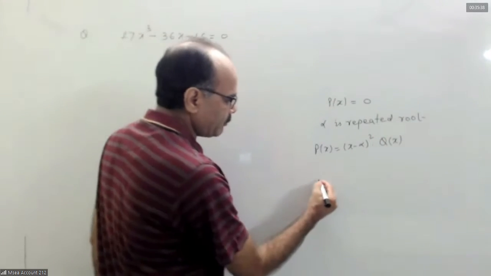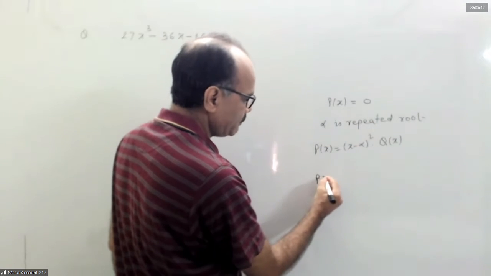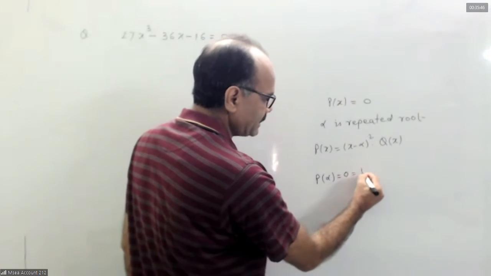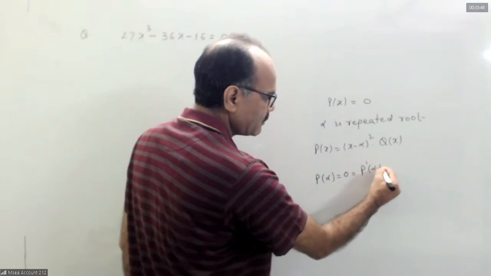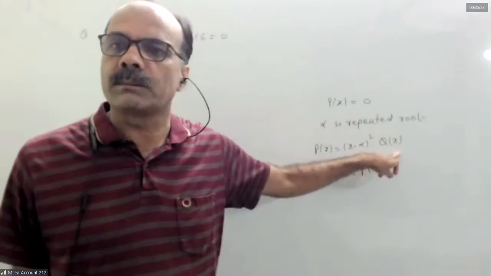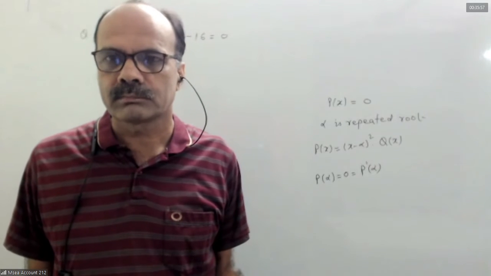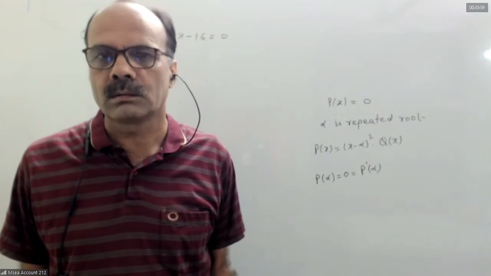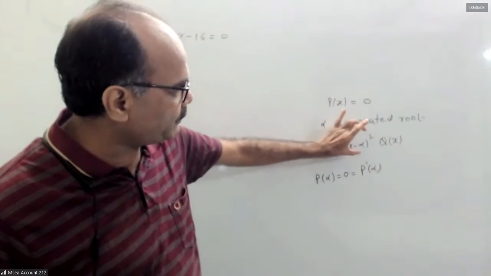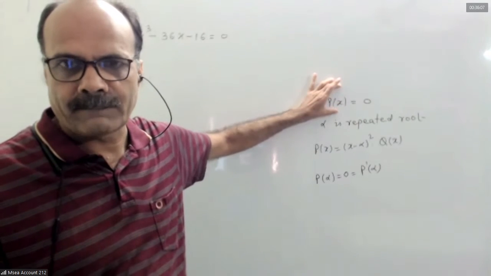So from here, what can we say? P(alpha) is 0, obviously. And what is the other condition? You differentiate this and put x equal to alpha. You will get 0. I repeat, this is the definition of repeated root of a polynomial equation or anything.